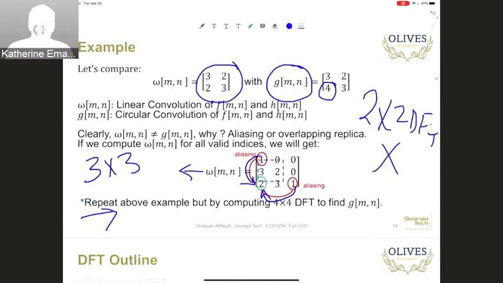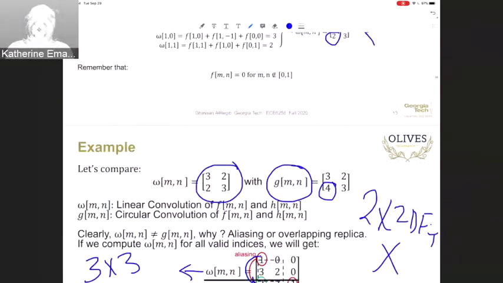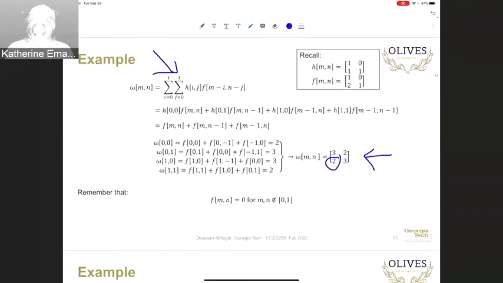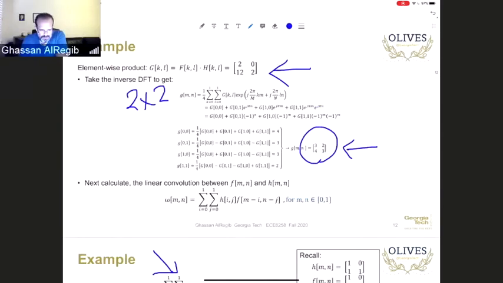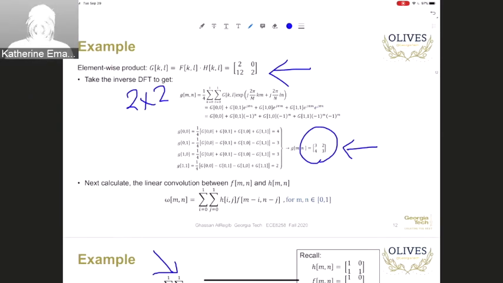I just had a question about the indices. If we could go up to the previous slide. Actually the slide before that, sorry. In this, are we indexing where 0, 0 is the top left corner, or somewhere else?